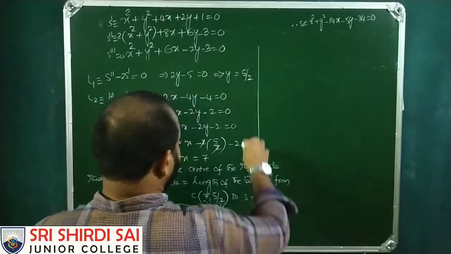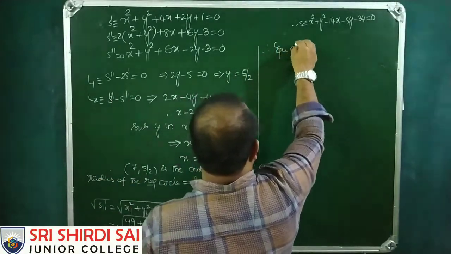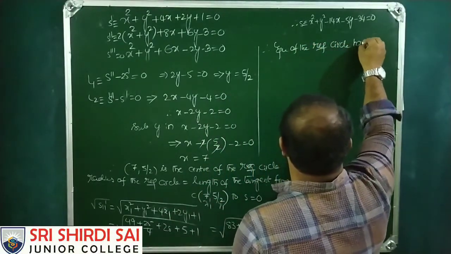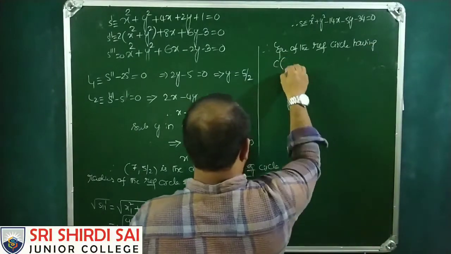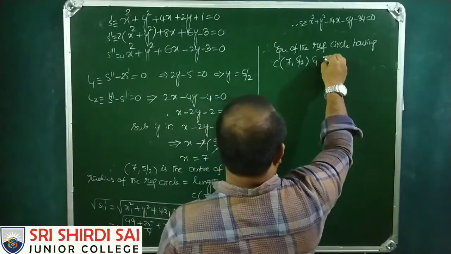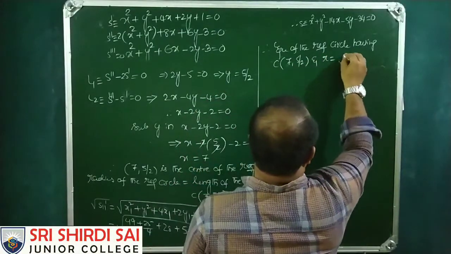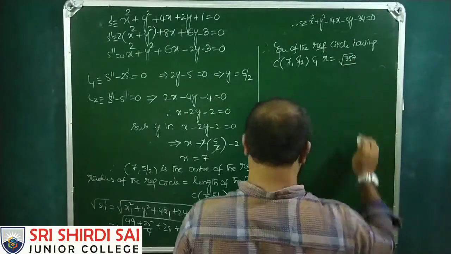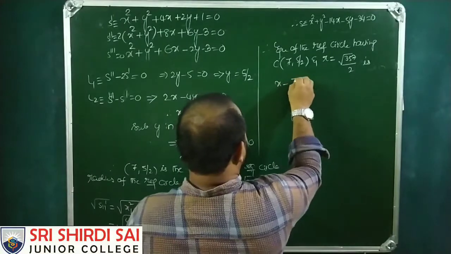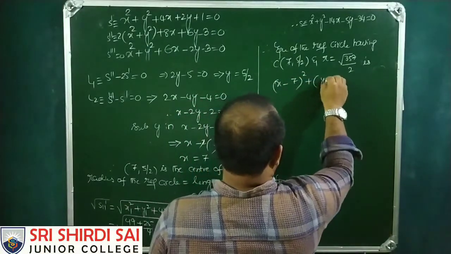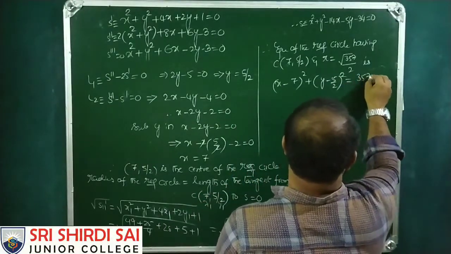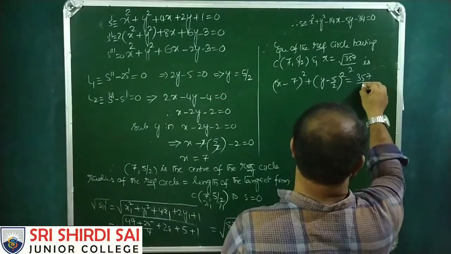Therefore, the equation of the required circle having C equals to 7 comma 5 by 2 and radius R equals to root 357 by root 4, which is 2, is x minus 7 whole square plus y minus 5 by 2 whole square is equals to 357 by root 2 whole square, which is 4.